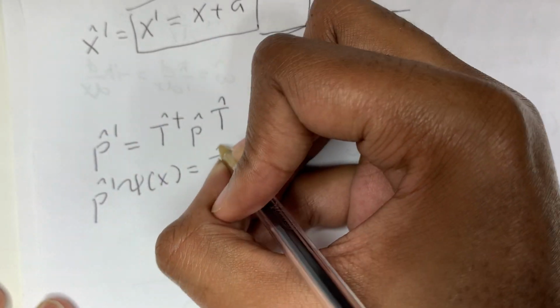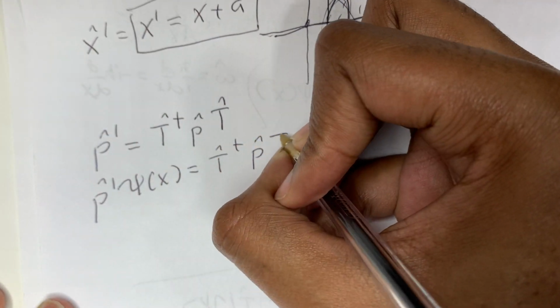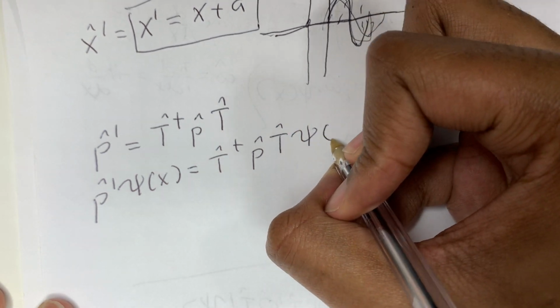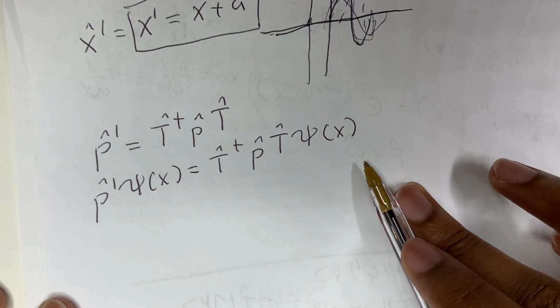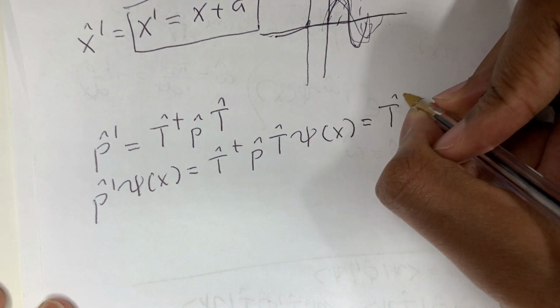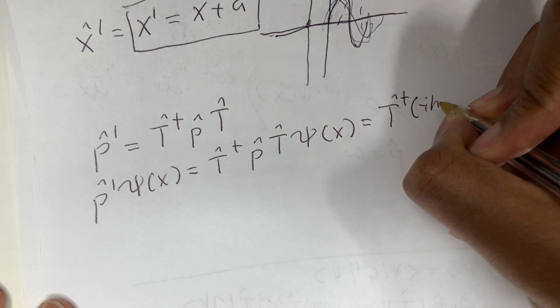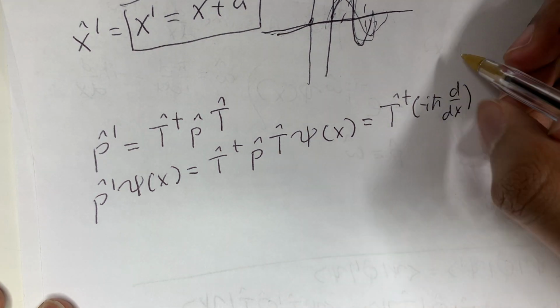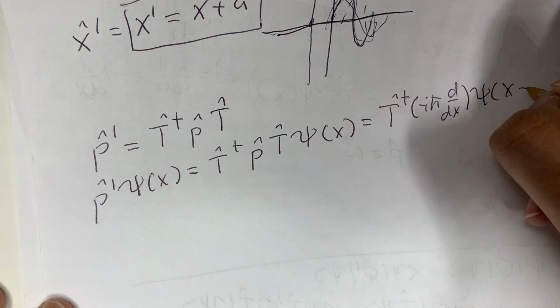I have t hat dagger p hat t psi of x. Okay, so now we expand p hat, which is minus i h bar d over dx, acting on t hat psi of x, and that's just psi of x minus a.